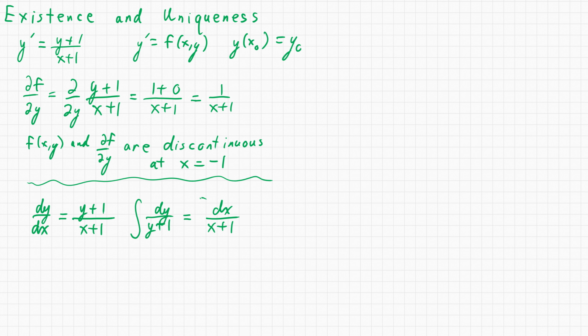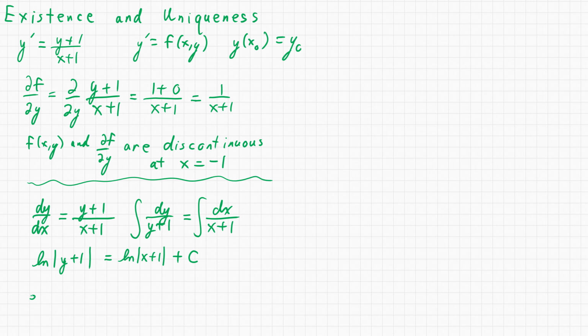I can integrate both sides. And so that'll give me natural log, absolute value of y plus 1, equals natural log, absolute value x plus 1, plus a constant. All right, let's get to solving for y. So I'm going to exponentiate both sides.